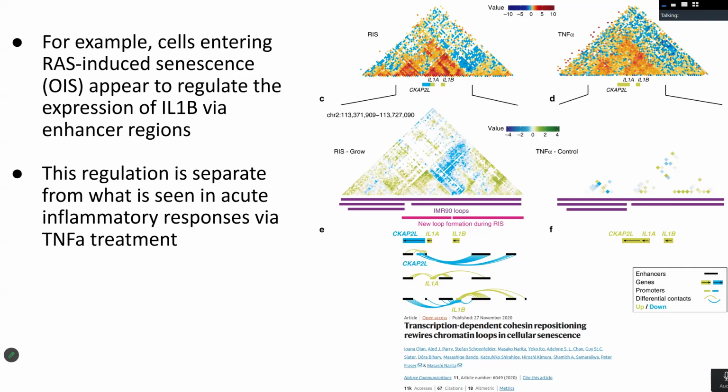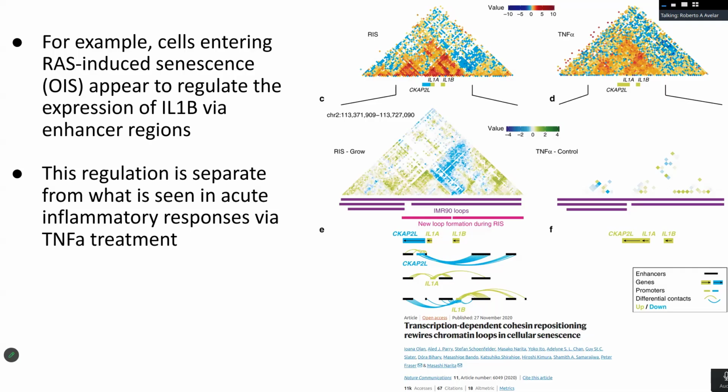So if you're just capturing IL-1B with an antibody, you're going to see it in both contexts, and you're going to say, this is a pro-inflammatory SASP or whatever. But the mechanism by which you're inducing the pro-inflammatory state is completely different, actually.